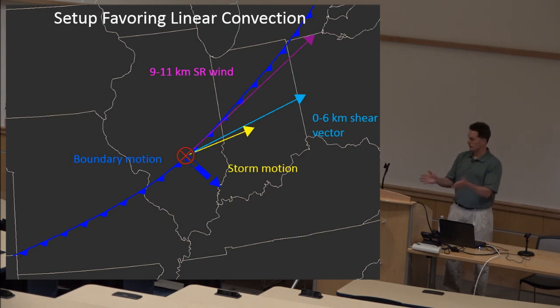The jet's going to be aligned along the thermal gradient. If you have a front that's reflective of what's going on in the deeper troposphere, the flow should largely parallel it. So in this case, it's not surprising that the shear vectors and the deep layer mean winds are aligned along the boundary. This is a pretty typical setup for linear convection.